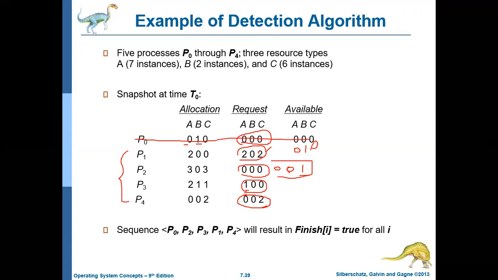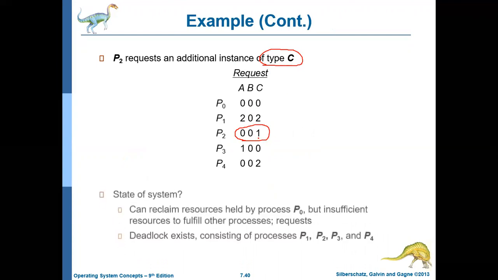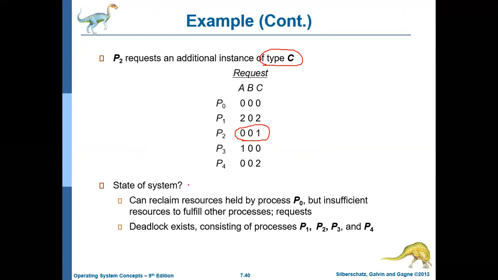For that, it will wait. Similarly, P2 is waiting for one resource of C, which is being held by other processes. So this state will lead to a deadlock. If P2 requests an additional instance of resource type C, the system will enter a deadlock state. P0 will complete, but there will be a deadlock between P1, P2, P3 and P4.